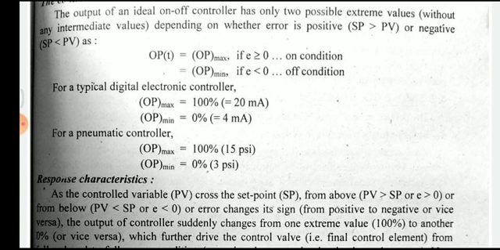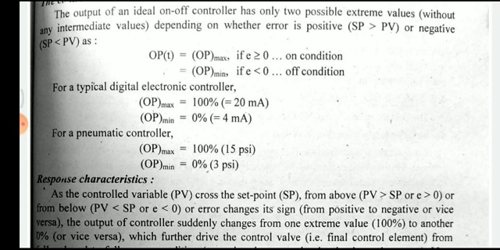So the output OP of t is equal to OP maximum if the error is greater than or equal to 0; that is the on condition. And OP minimum if the error is less than 0; then the controller is off.